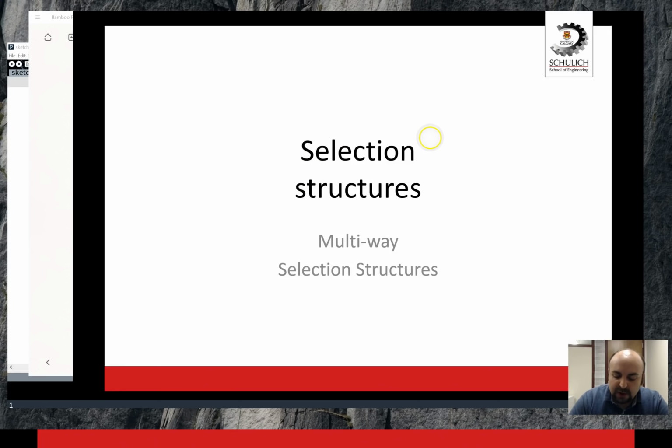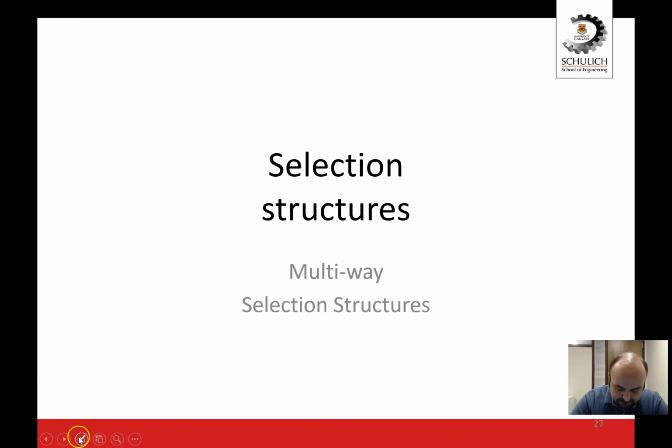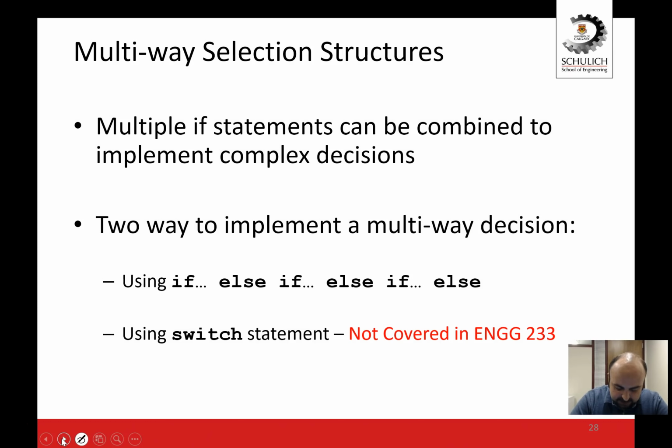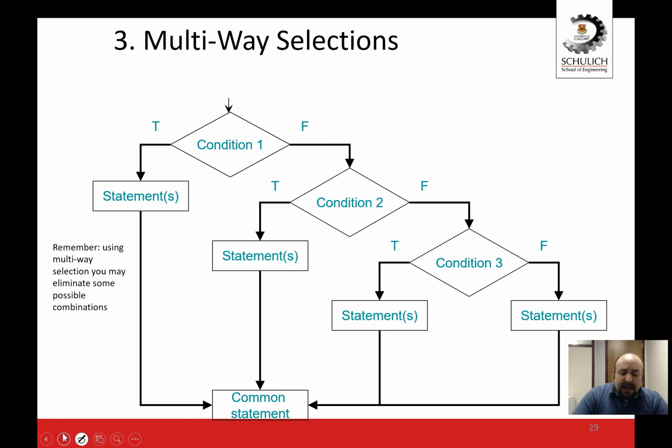Let's look at the flowchart for this. So let's give a slide here. The flowchart says you would test a condition. If that condition is true, you're going to do whatever you said you were going to do. So you're going to execute your statements, and then you're going to go to the tasks after that. So if that condition is true, you're not going to visit other conditions.